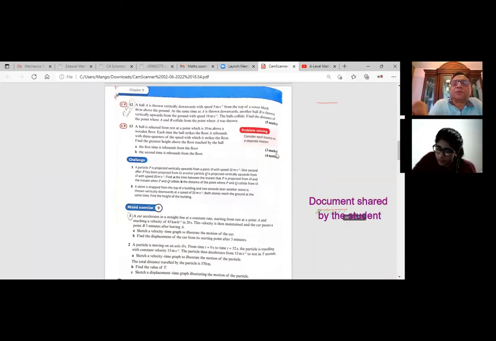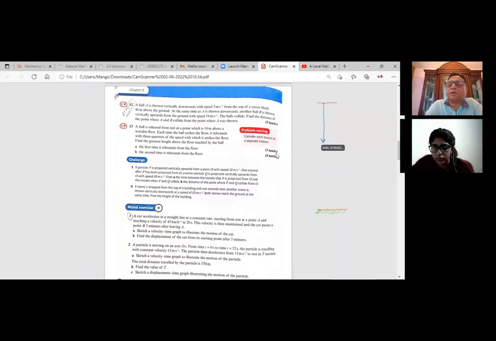And the ball is being thrown with some velocity. So ball A is thrown vertically downwards with a speed of 5 meters per second. Let's say the initial velocity V0 for this ball is 5 meters per second. Is it clear?